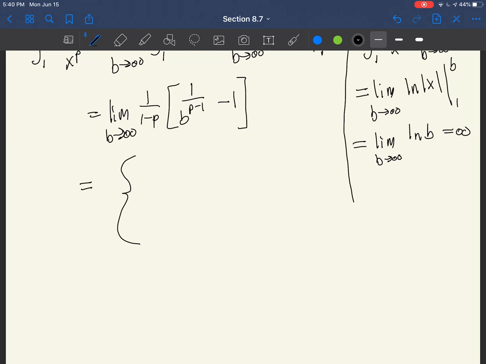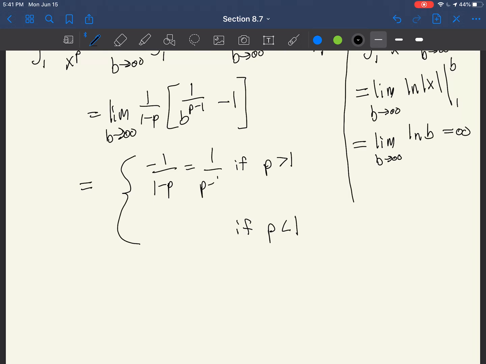What is this? This has two cases. So we have if p is greater than 1, and then if p is less than 1. So if p is greater than 1, then we have b to some positive exponent. As b gets large, that's just going to go off to infinity. And then 1 over something going off to infinity is just 0.